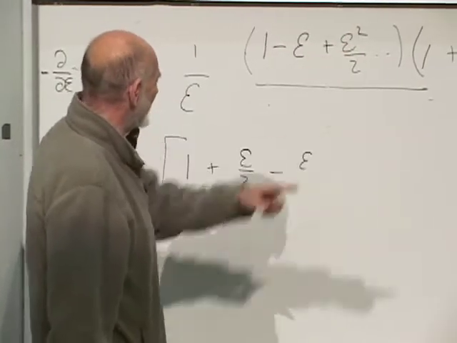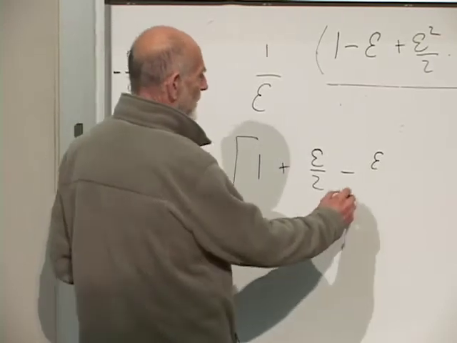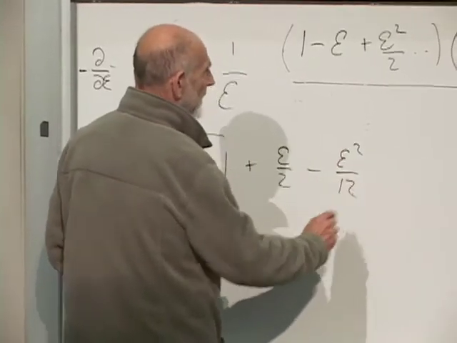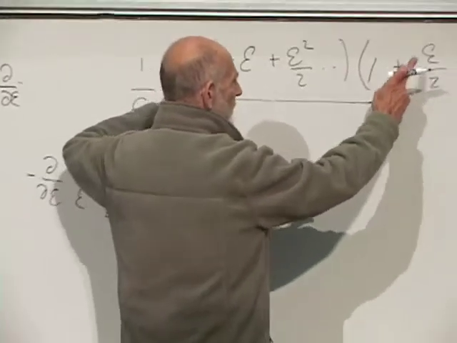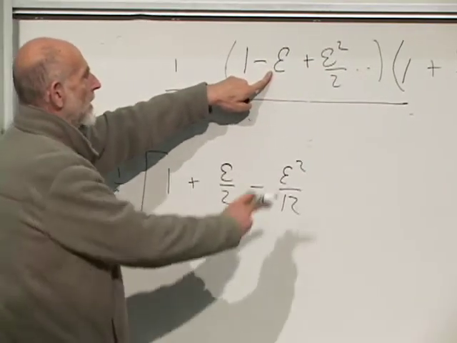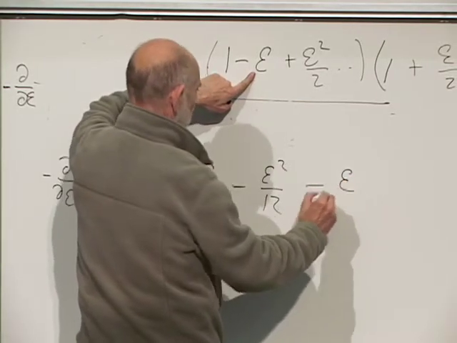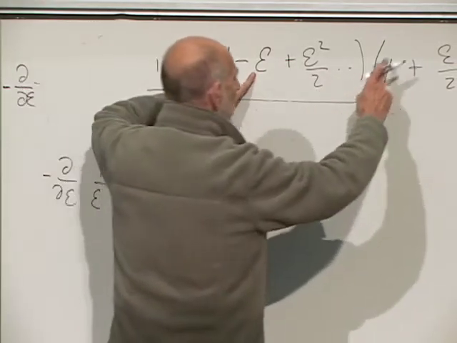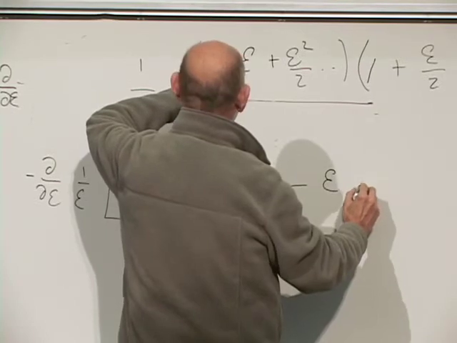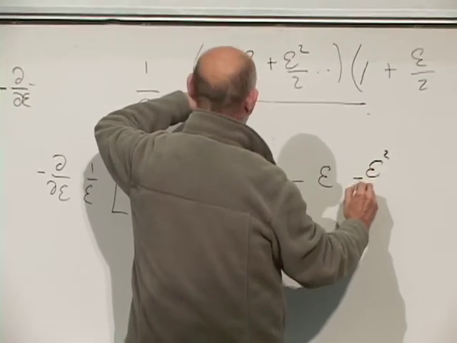1 plus epsilon minus, 1 plus epsilon squared over 12, right? That's this times this, this, and this. Then we get minus epsilon times 1, and then minus epsilon squared over 2.